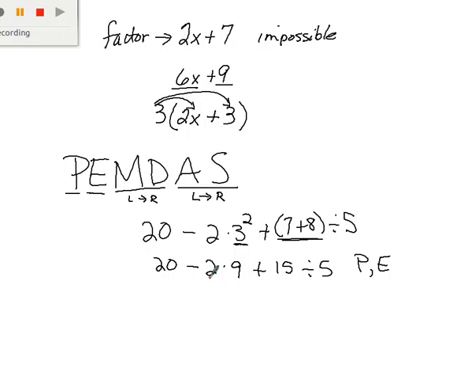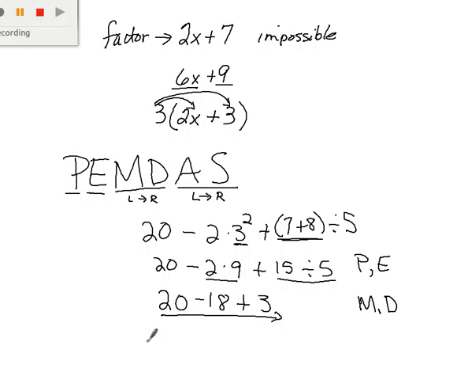What can you do now? I see a multiplication problem. I see a division problem. So I'm going to do each of those. 20 minus 18 plus 3. Justification: multiplication and division. Now you see a subtraction problem and an addition problem. Do not do the addition problem first. When you have just addition and subtraction left, go in order from left to right.